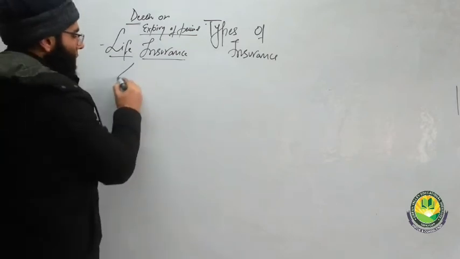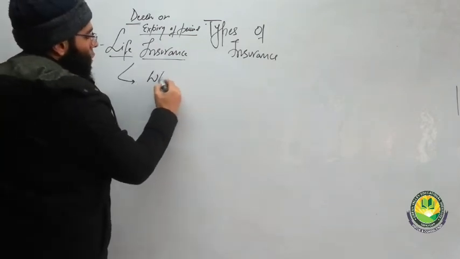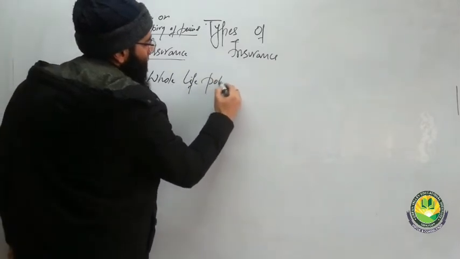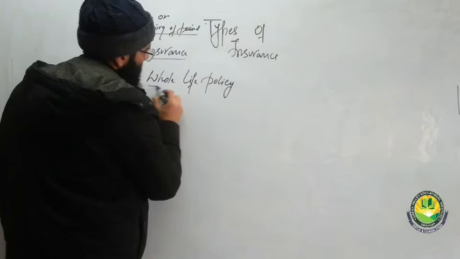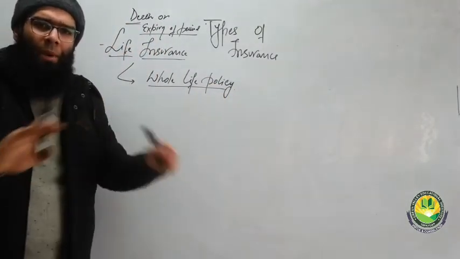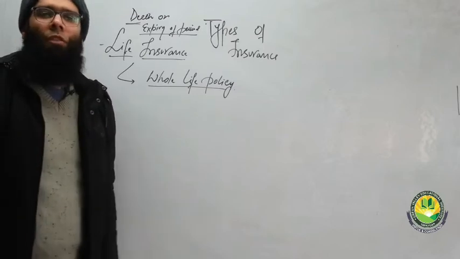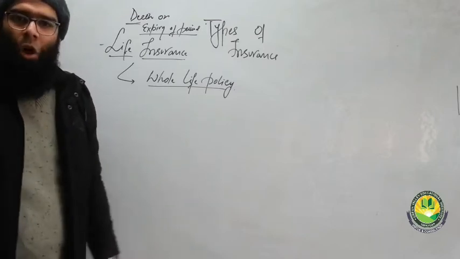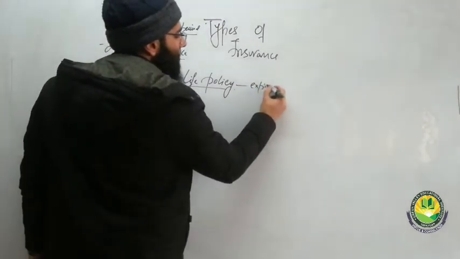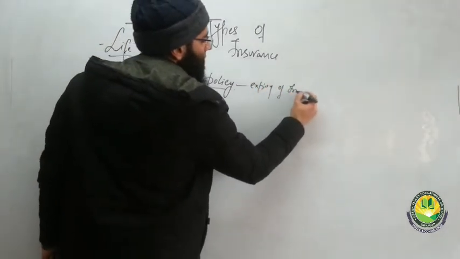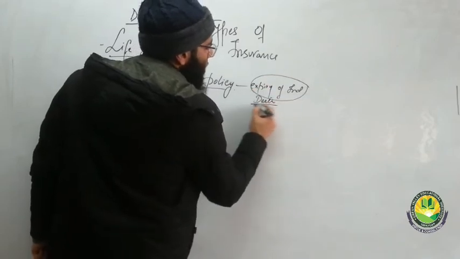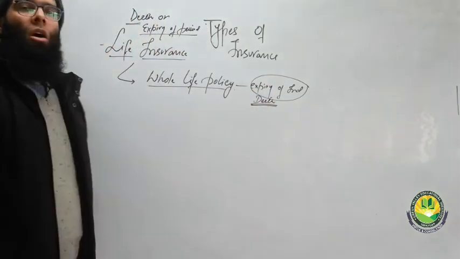The first type of life insurance is the whole life policy. Whole life policy is the simplest and the most general form of life insurance there is. The compensation shall be paid only after the expiry of the person, or we can say, only on the death of that person.